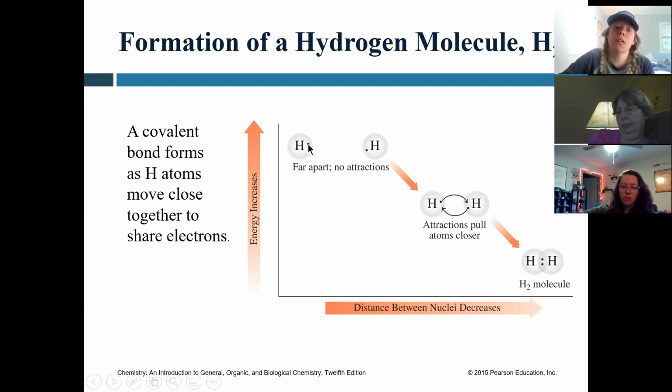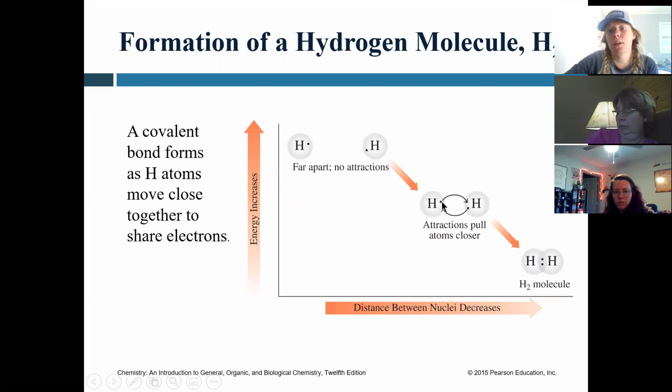So this guy has 1 electron, and this guy has 1 electron. They're not going to transfer electrons like they would ionically, because if this hydrogen moved its electron over here, this one would have no electrons, which isn't a stable configuration. This thing would be stable. So instead, these 2 hydrogens are going to share these 2 electrons. They're going to move closer together, the attraction pulling them closer.